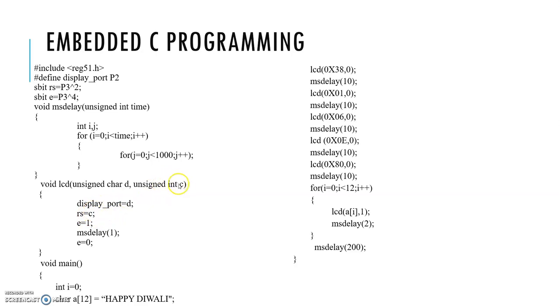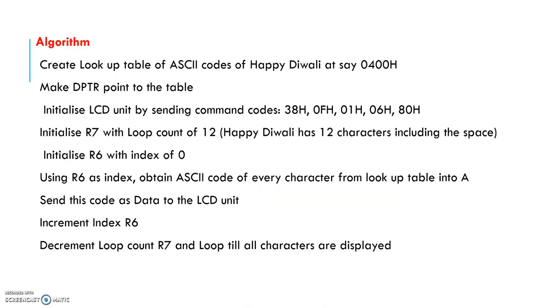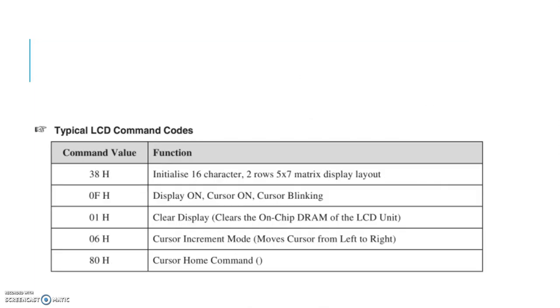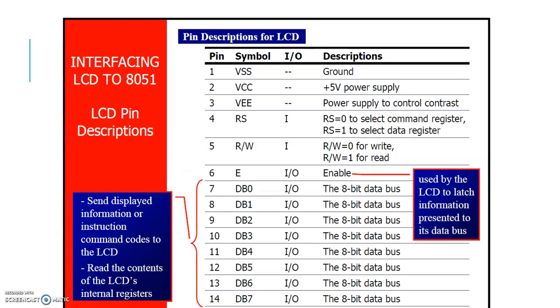We have already seen that when the RS pin is equal to 0, it selects the command register, and when the RS pin is equal to 1 it selects the data register.